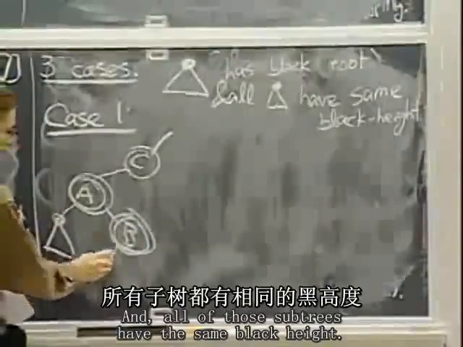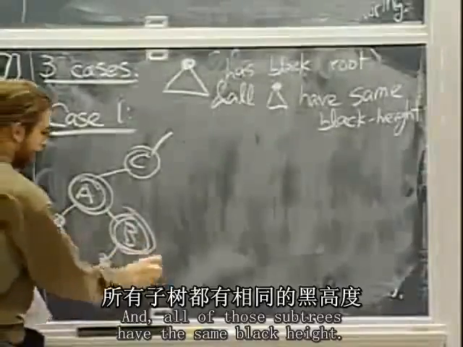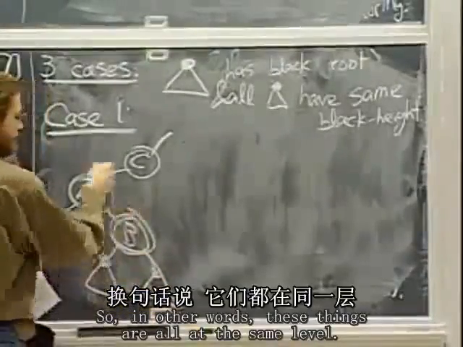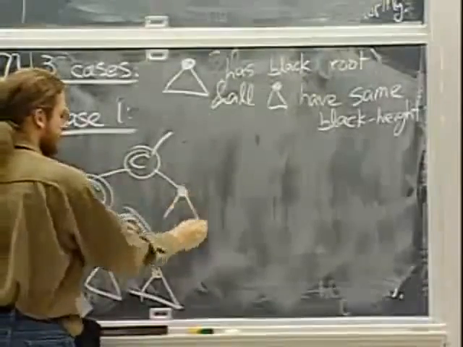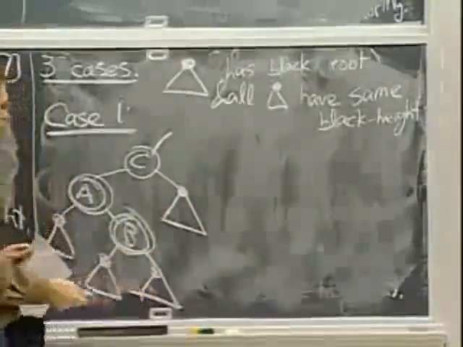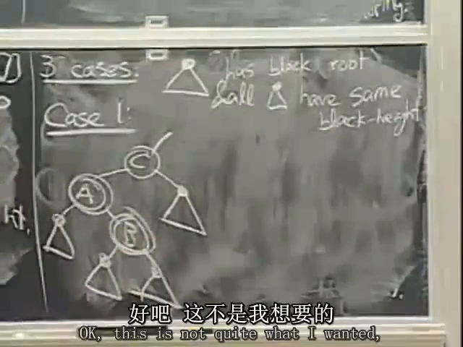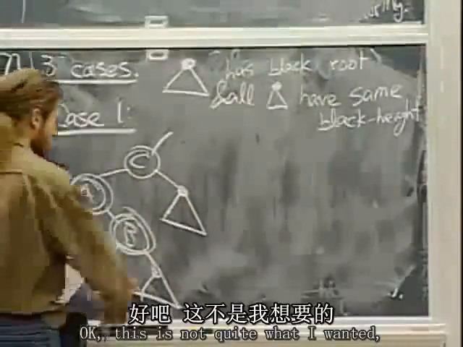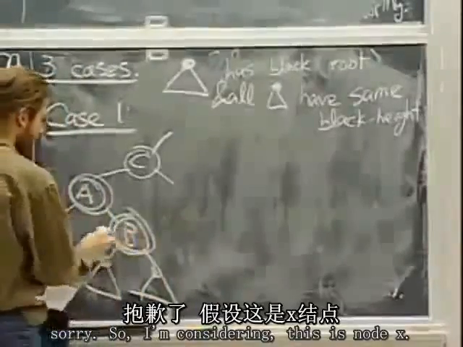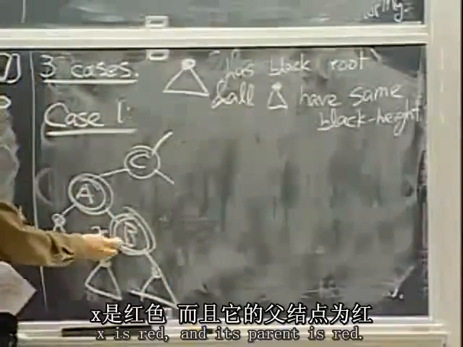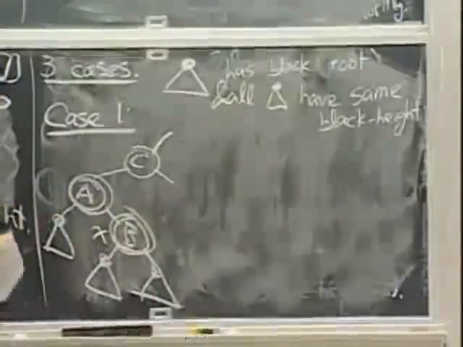And all of those subtrees have the same black height. So in other words, these things are all at the same level. Okay, this is not quite what I wanted, sorry. So I'm considering this is node X. X is red, and its parent is red. Therefore, we need to fix something.